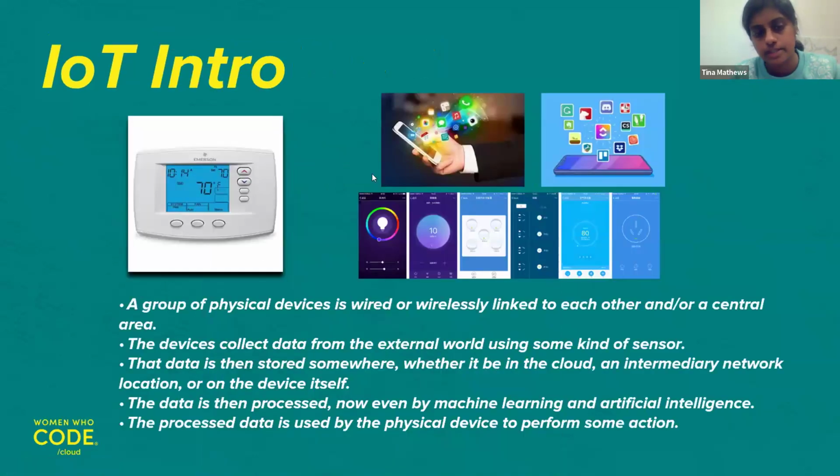Now, just to explain a little bit more, you would see this kind of thermostat in our house, which is pretty common in most houses. The purpose is, of course, to adjust the temperature in the room. What we want to do is set the temperature based on our liking.